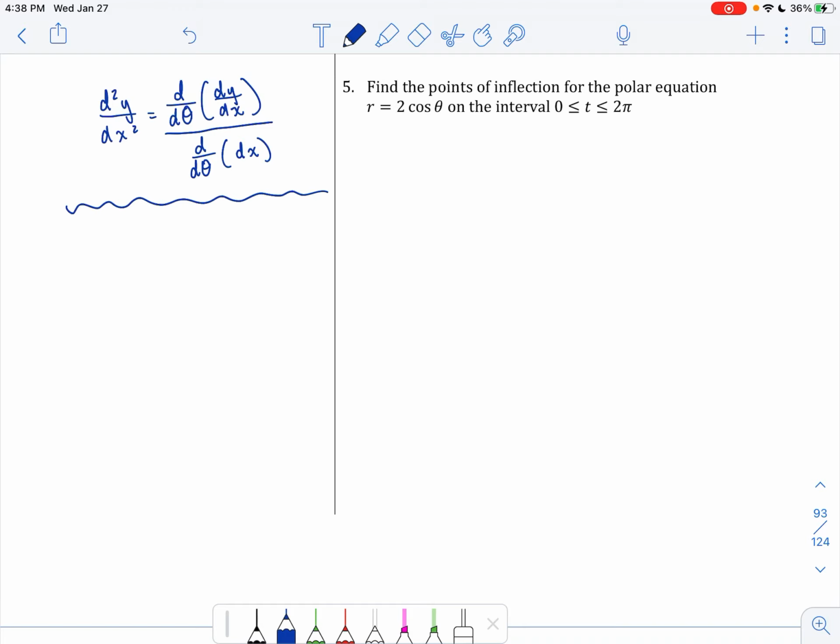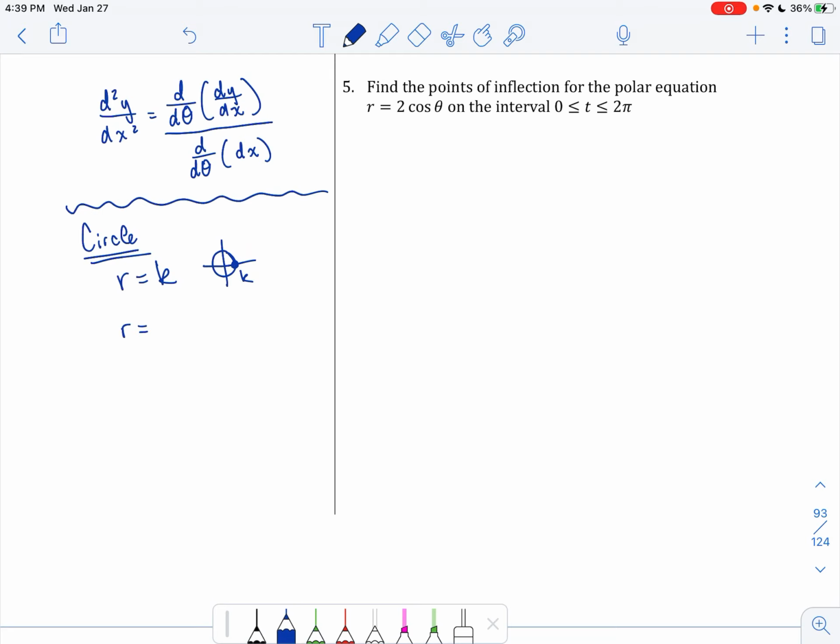And that's just to memorize the two basic shapes. Some of them you're going to just need to use your calculator, or you'll need to do a little practice. But I will tell you this right now, because this is one of those cases in number 5, 2 cosine of theta, you can just memorize that anything that's a circle will look like either r is equal to a constant, and that's going to be just like what we saw before, where it's around the origin, where this is k.